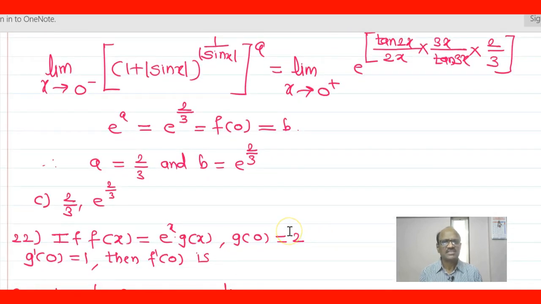Now we'll see the value of a: e raised to a is equal to e raised to 2 by 3. Therefore the value of a is 2 upon 3. But what about the value of b? Here b is equal to e raised to 2 by 3, and hence the answer is option c, that is a equals 2 by 3 and b equals e raised to 2 upon 3.